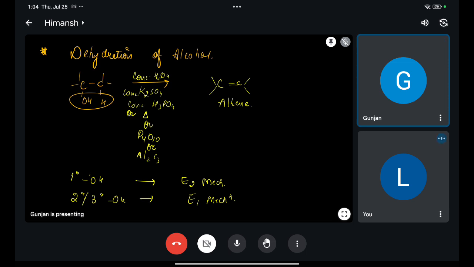Yes, ma'am, two halogens. So that is the reason when we have vicinal dihalides, we go with the E2 mechanism. Because for the formation of carbocation, stability is needed. So we have to check whether the formed carbocation is stable or not. That's it.